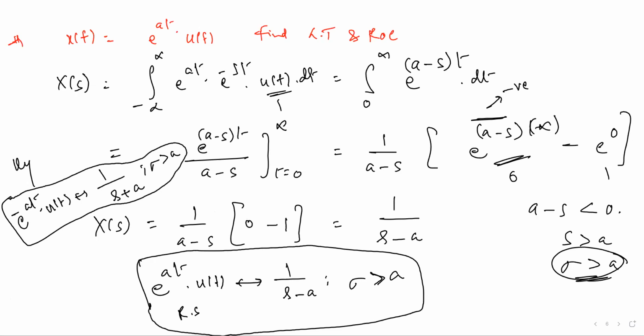Fine. One more question. So we have e to the power of minus at u of t is 1 by s plus a. E to the power of at u of t is 1 by s minus a.